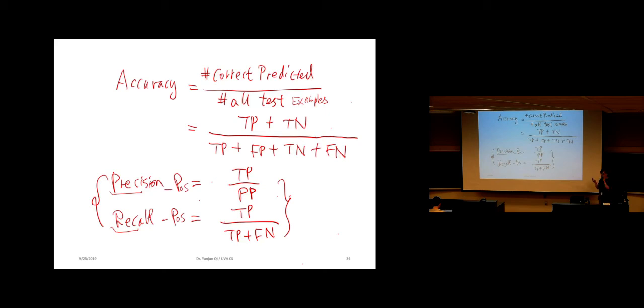Using the four numbers, the equation is: the numerator is true positive plus true negative, over all four numbers together.